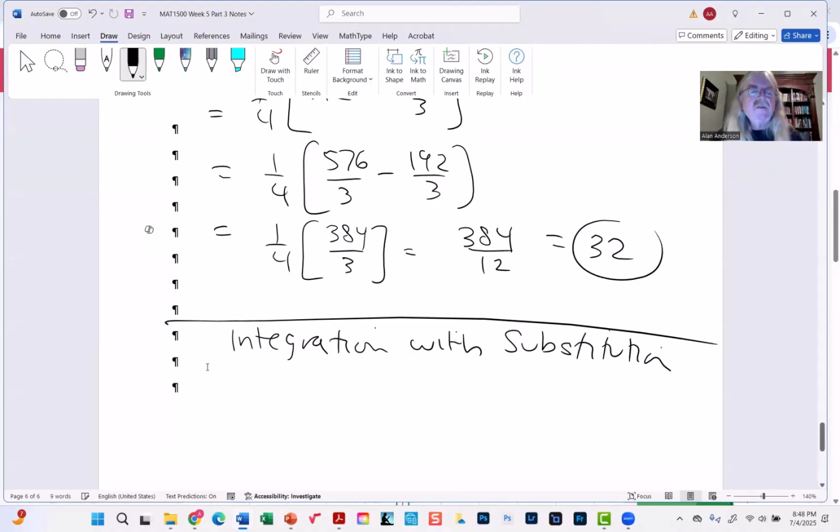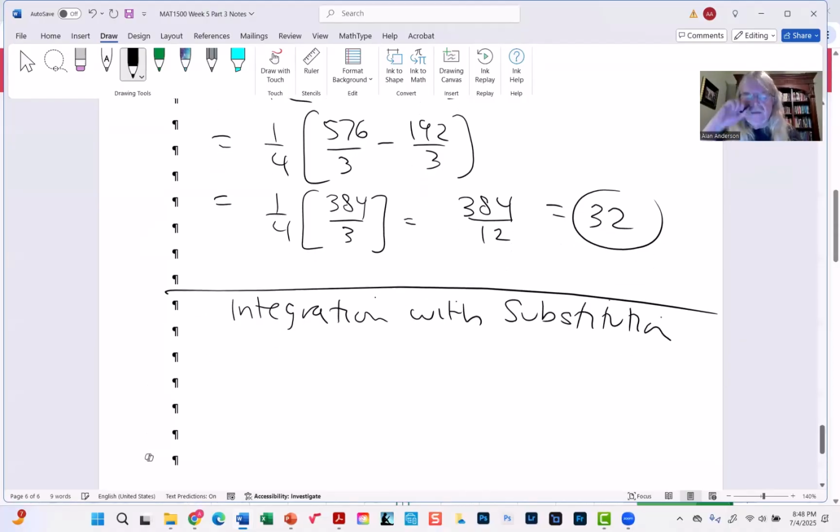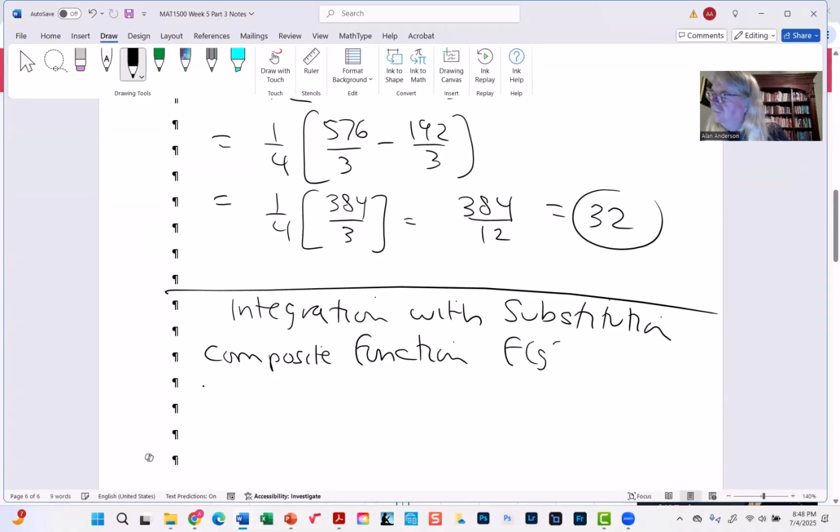So again, the logic here is that we're taking, remember from earlier, a composite function looks like this. Okay, so f of g of x means that it's a function of another function.